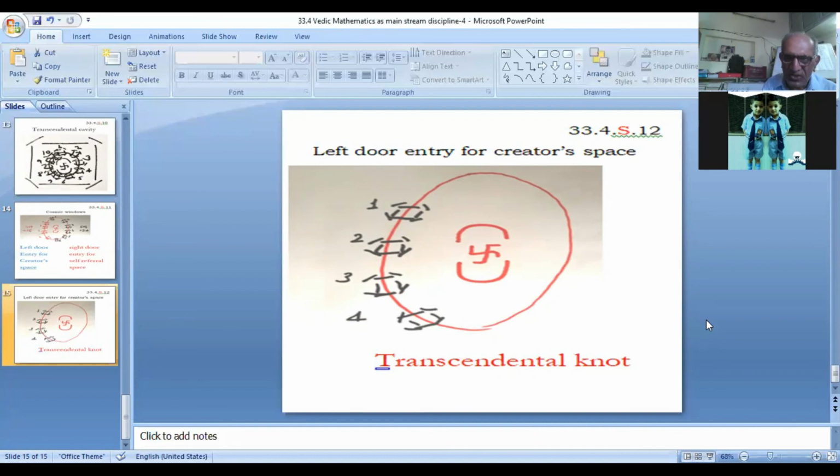as much as that towards the left of the transcendental knot is a door of value 4 cross 4 parallel to the dimensional frame of a fourth space, and towards the right is a door for the entry within the self-referral space of value 6 cross 4, 24, parallel to the dimensional frame of sixth space.